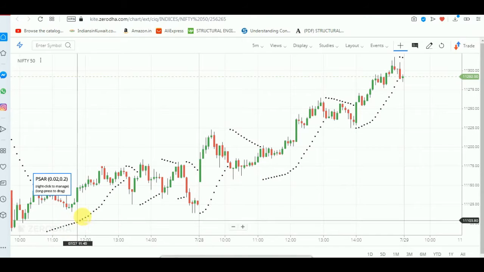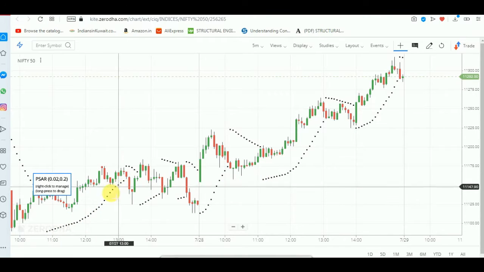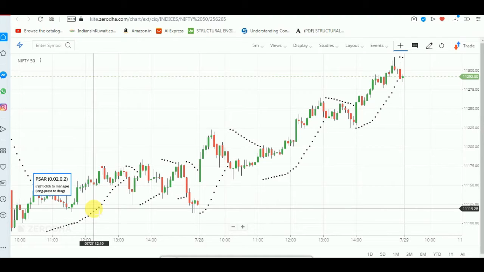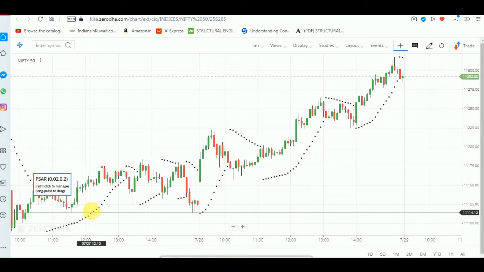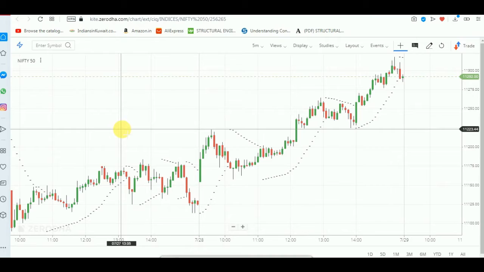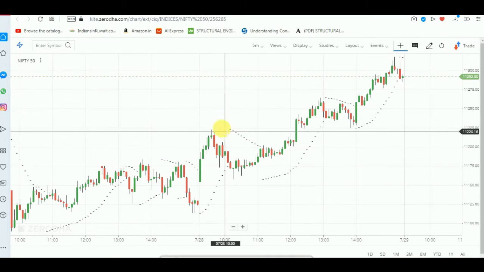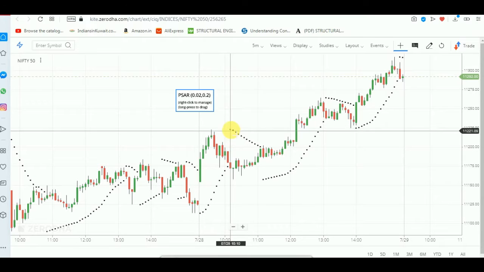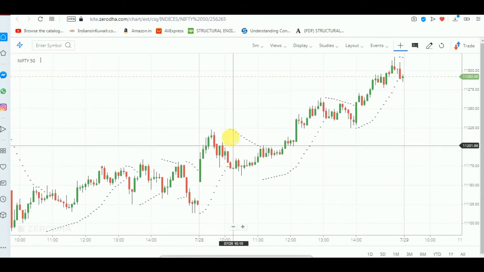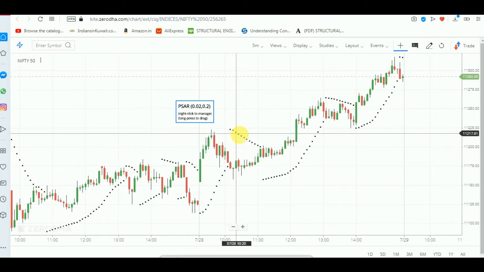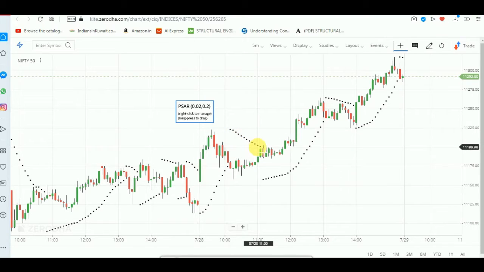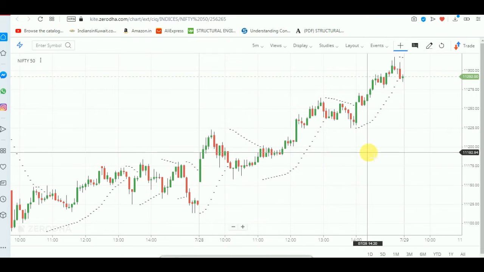If the dots are placed below the candlestick, it means the market is bullish, moving in the upward direction. And if it creates the dot above the candlestick, it indicates that the market is moving in the downward direction.